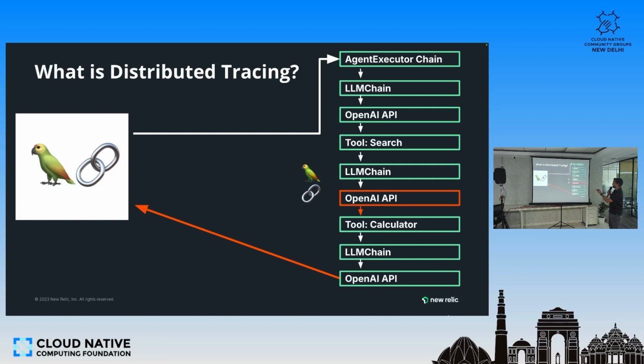Then it finally is able to do the calculation operation after filtering out the data from the paragraph. After that, it again hands it back to LangChain to do its chaining operation, and finally it gives it to OpenAI for the output. Now, with tracing, you are able to see all these steps without having any observability in place.